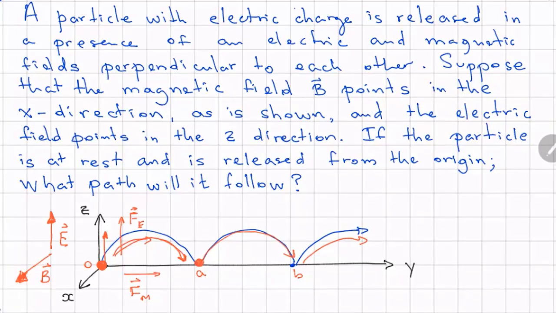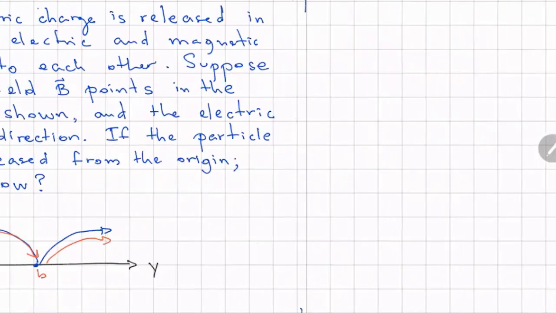So let's do some math. Because there is no force in the x direction, the position and the velocity of the particle at any time can be described like this.